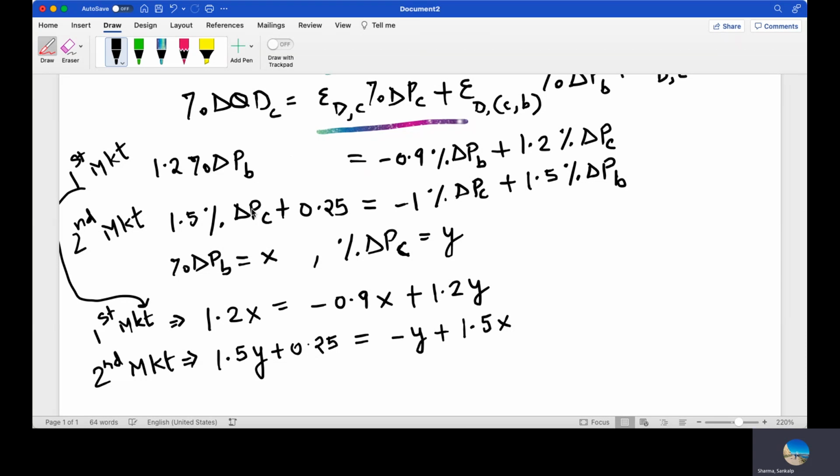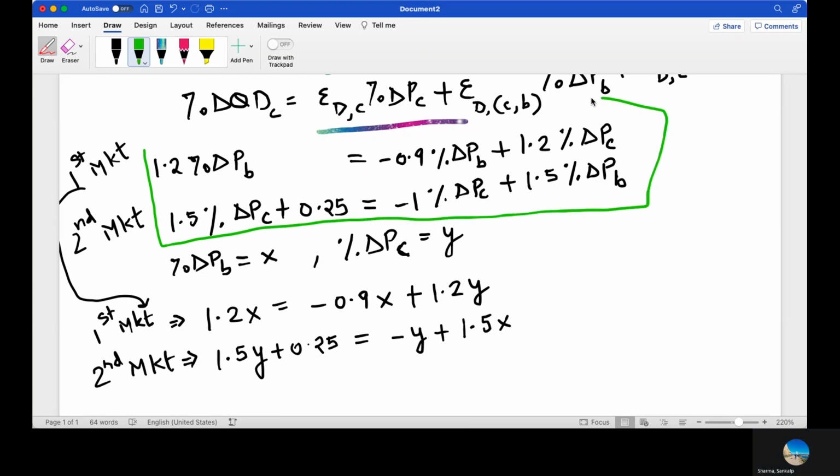So again, this market, let me just use a different color. This market that we just set up, I'm just saying that I'm calling the percentage change in price of B, this right here, as X. So let me just highlight wherever this X is present. So there's X present here, and then there's this X present here.